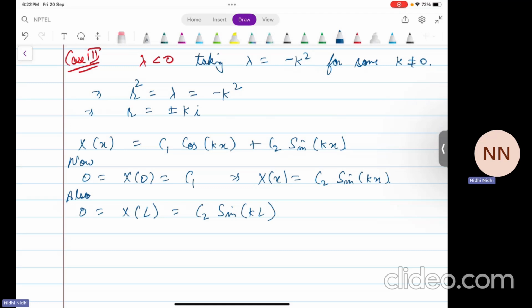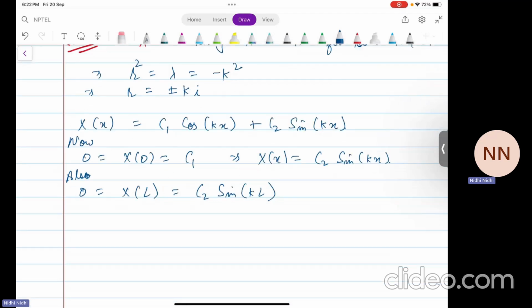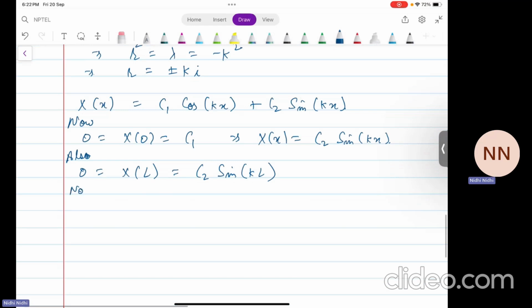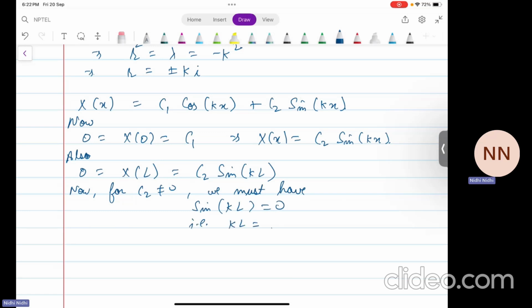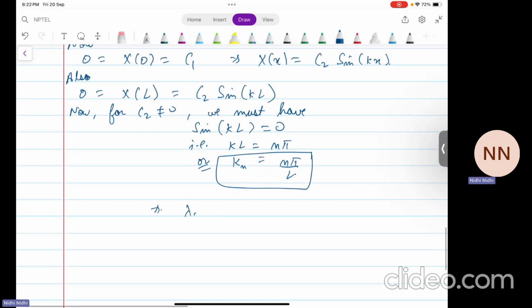Now we want a non-trivial solution. That means c2 must be non-zero. Now, for c2 non-zero, we must have sin kL equal to 0. That is, kL should be equal to n pi, or instead of k we'll write kn because it depends on n, kn is equal to n pi by L. So this gives us lambda n equal to minus n square pi square by L square.